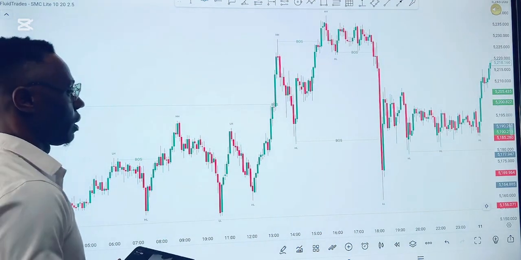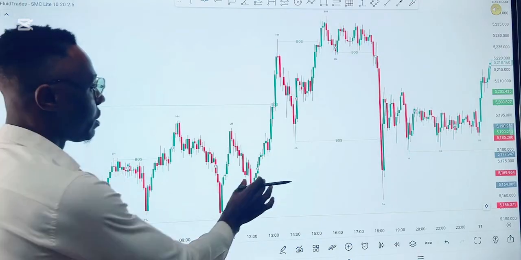Check this. You have this order block here. Do you see this? Do you see what I see?